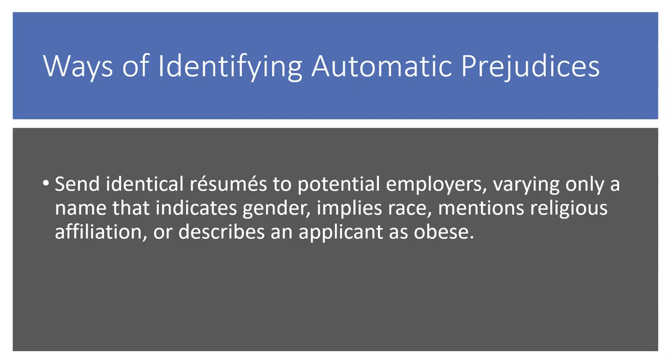So they may do some manipulation of the language, using names, using other kinds of nuggets of information so that people will make judgments. Now, they may not even be aware that that's what they're doing, but the effects are crystal clear. So you can have a resume that suggests a particular race or gender, and that resume will be responded to in ways that are consistent with stereotypes.